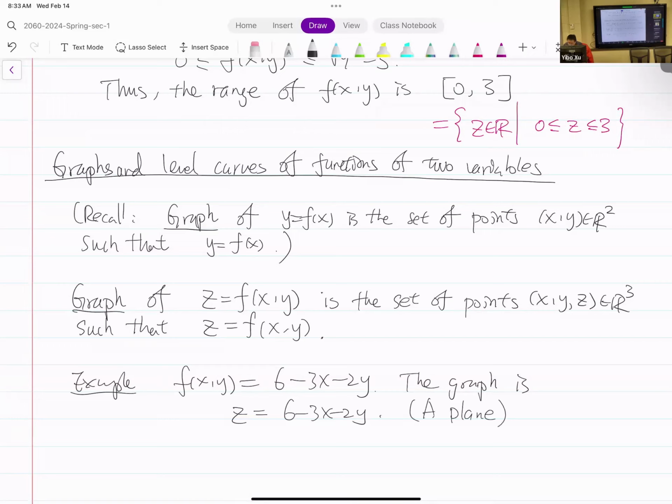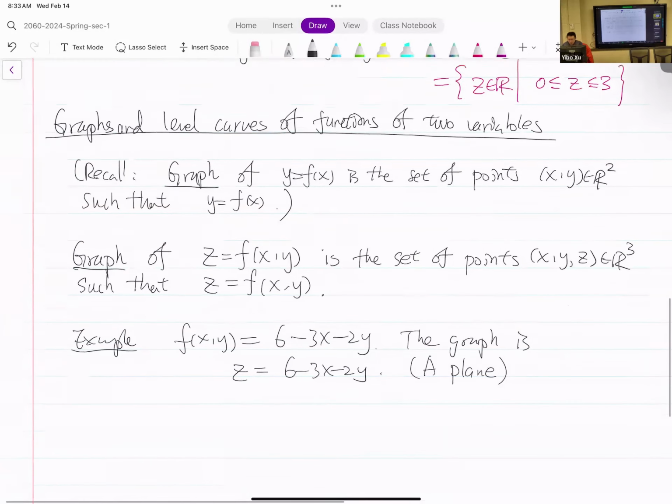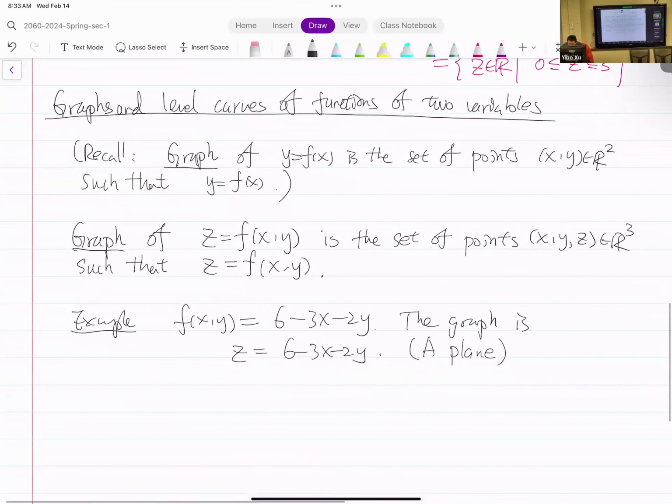And if you rearrange all the terms to the left-hand side, you will be able to get the normal direction, right? You can also just draw the XYZ intercepts, and then you will be able to graph the plane. Okay.